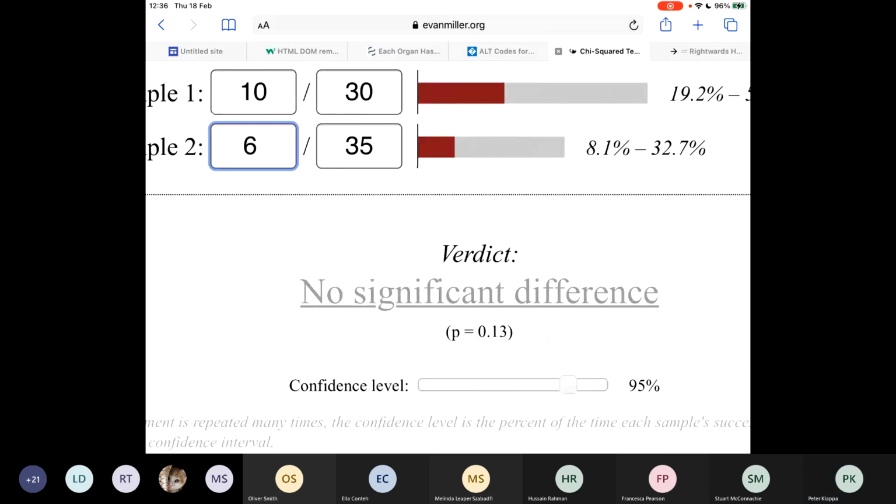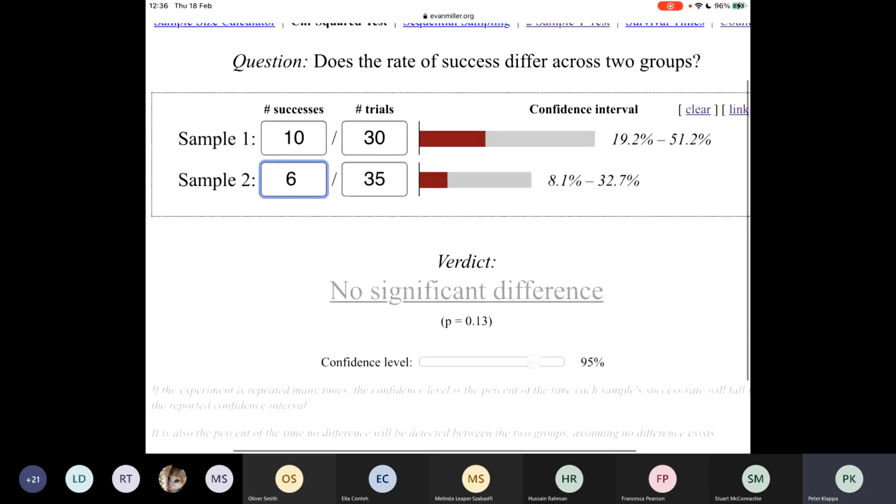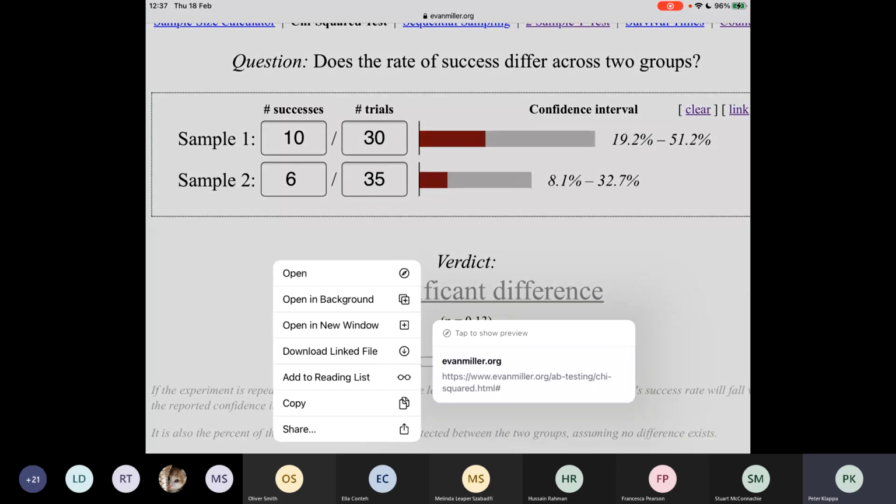So with our sample 1 here, where we had 10 live cells in 30 total cells, we had this confidence interval from 19.2 to 51.2. Now in this program, we can also change the confidence level. So let's move that to 99%.